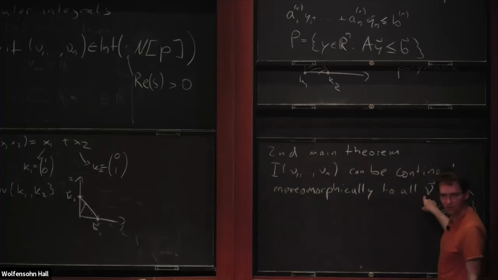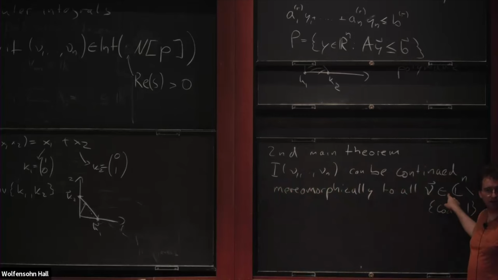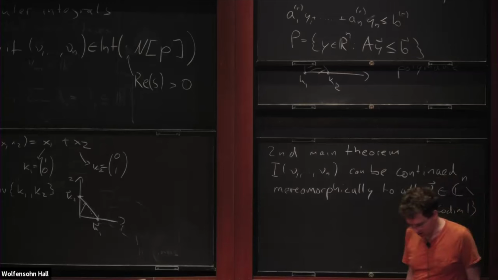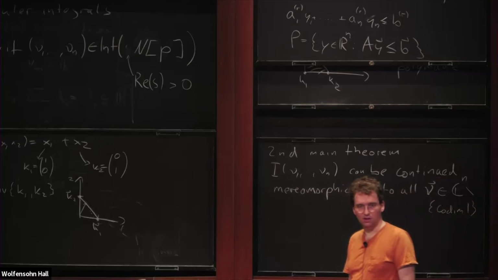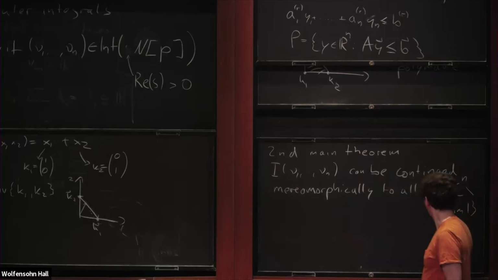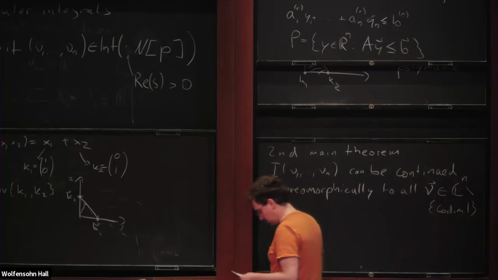So we can continue this to all points in n-dimensional complex space for these nus, but we have to take out a codimension 1 set. So there are some poles that we are setting out.